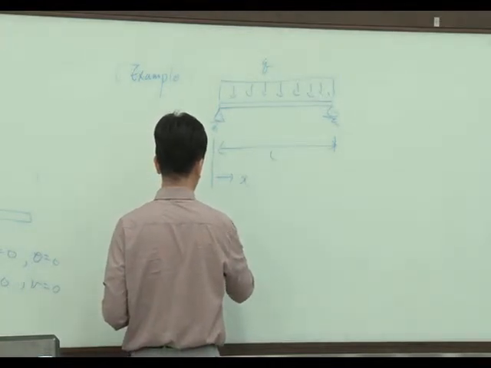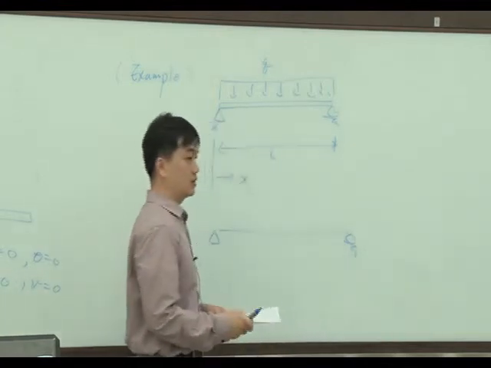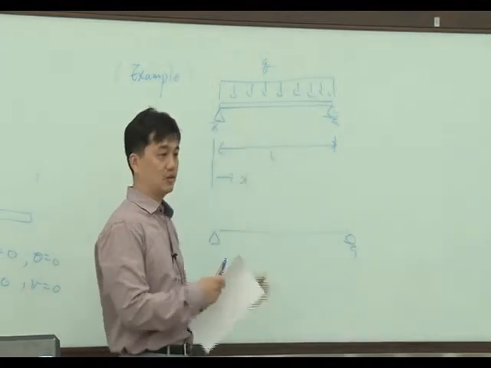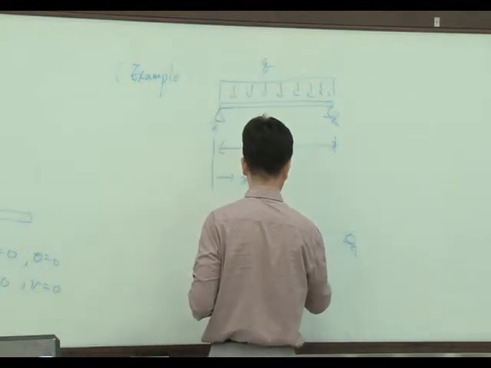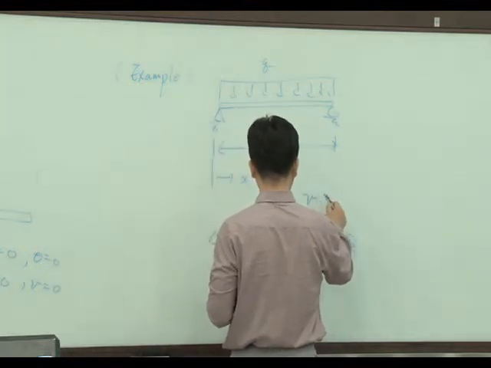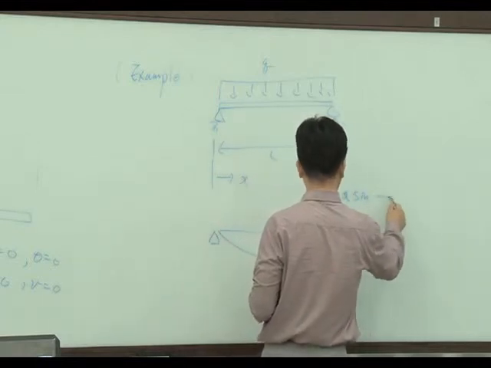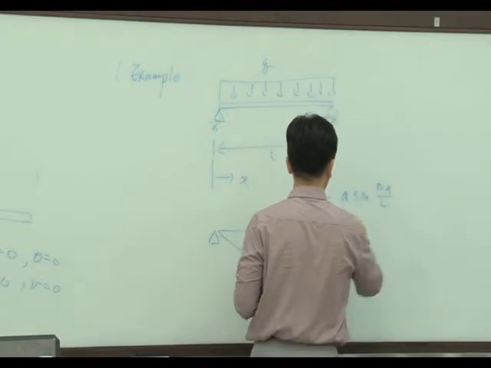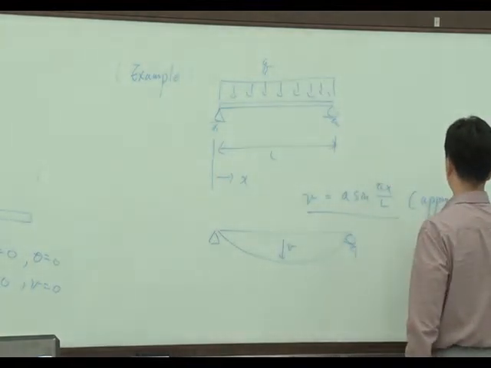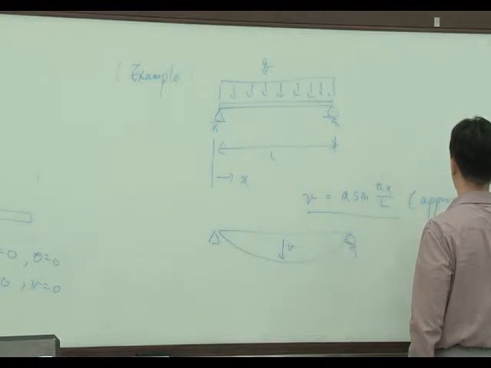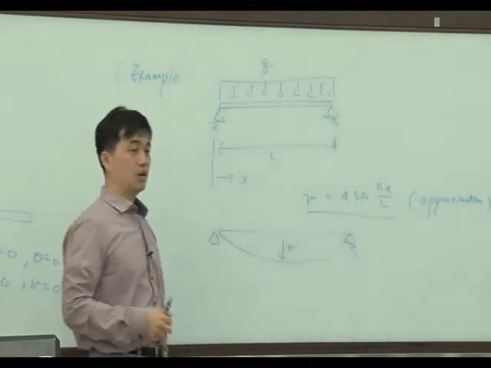First, let's approximate the displacement pattern of this. It looks like this. This is v, and the displacement pattern is A sin(pi x / L). This is the approximation.